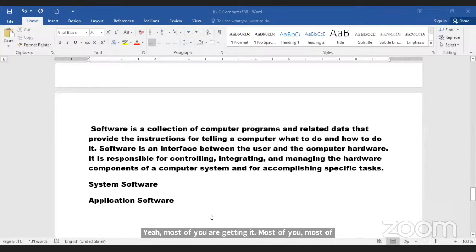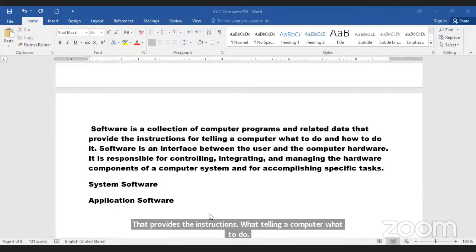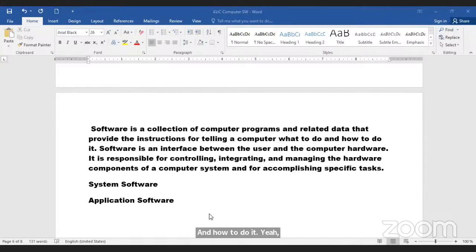So software is a collection of computer programs and related data that provides the instructions for telling a computer what to do and how to do it.